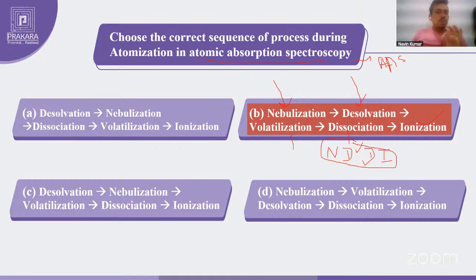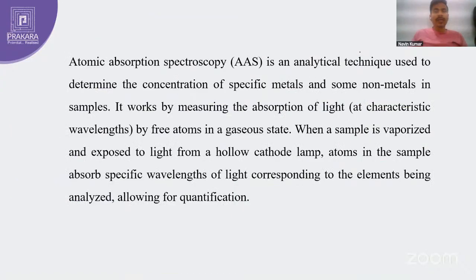Just have a quick look at the atomic absorption spectroscopy theory. Basically, it's an analytical technique which is generally used to determine the concentration of specific metals and sometimes a few non-metals in a particular sample. It measures the absorption of light and gives us a quantification value.